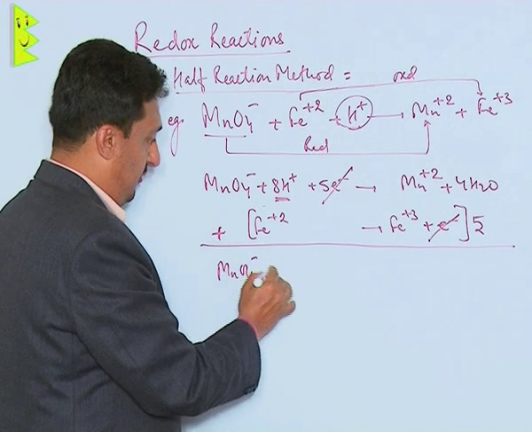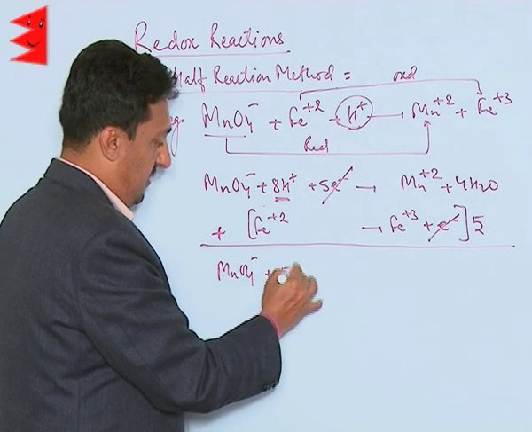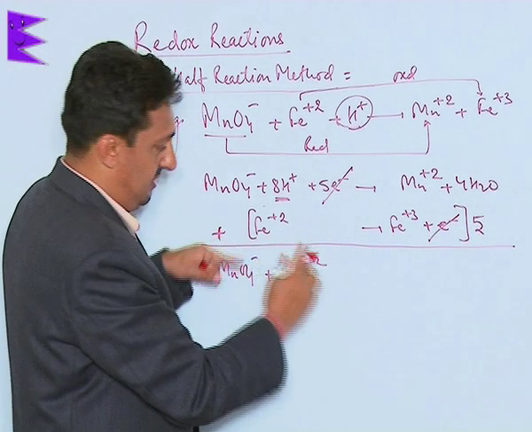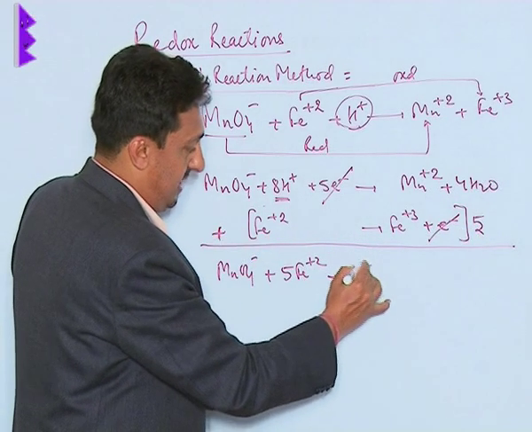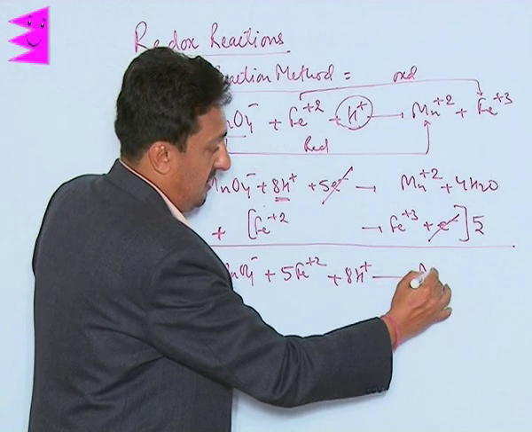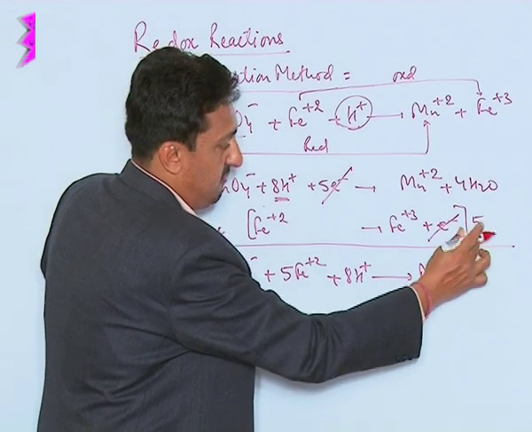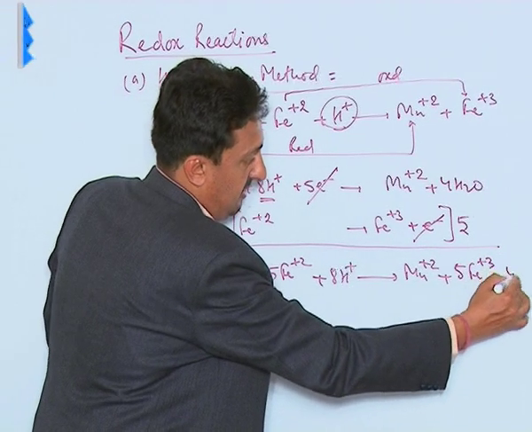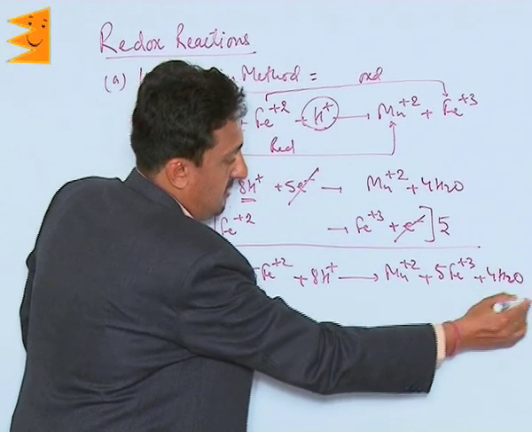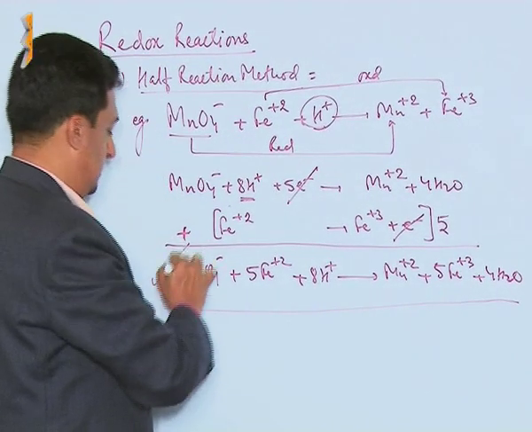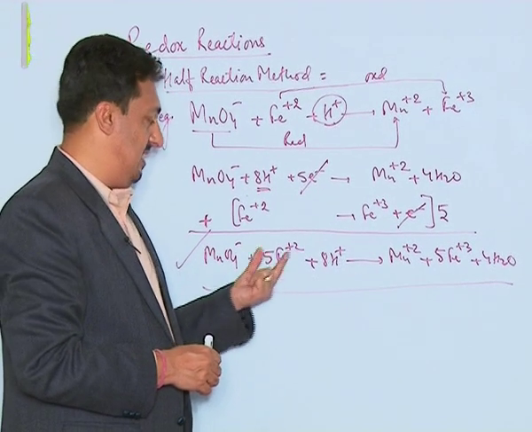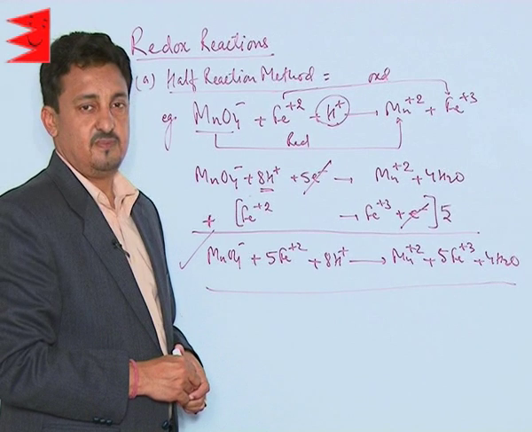It will be MnO4 minus plus 5 Fe plus 2, because this Fe quantity is multiplied by 5, and 8H plus, it gives Mn plus 2, 5 ferric ions and 4 water. So this is how this equation gets completely balanced with respect to the number of atoms as well as charge.